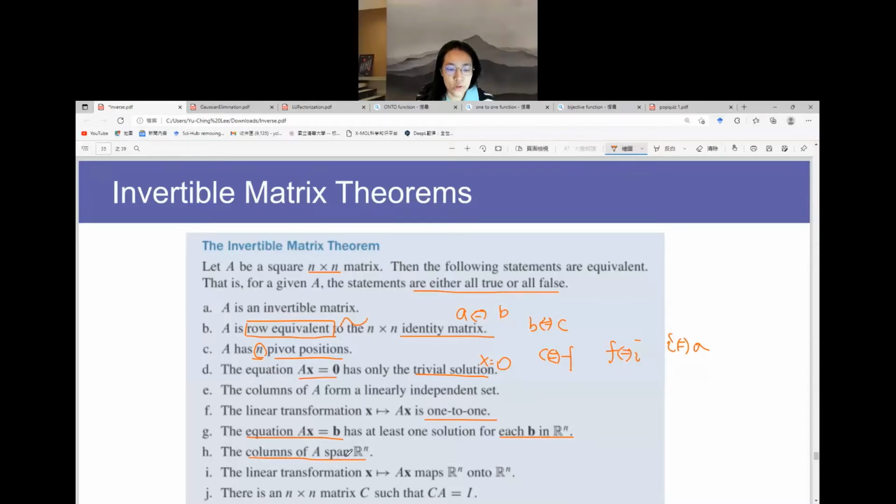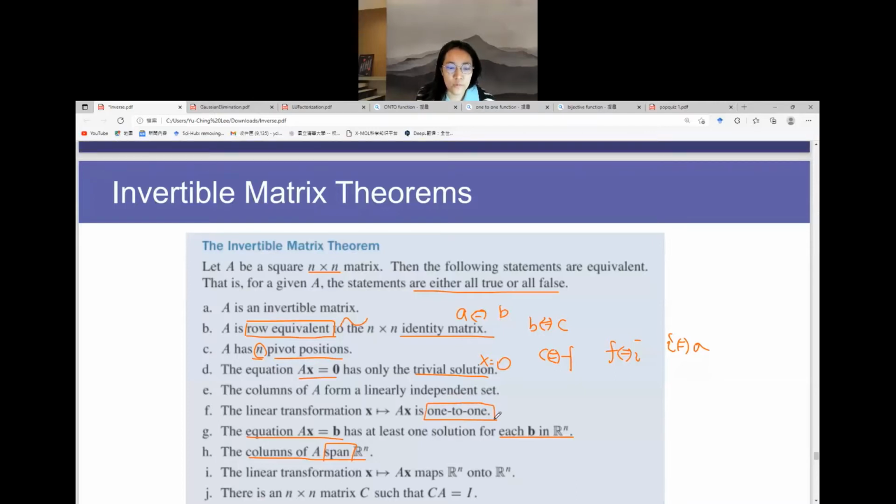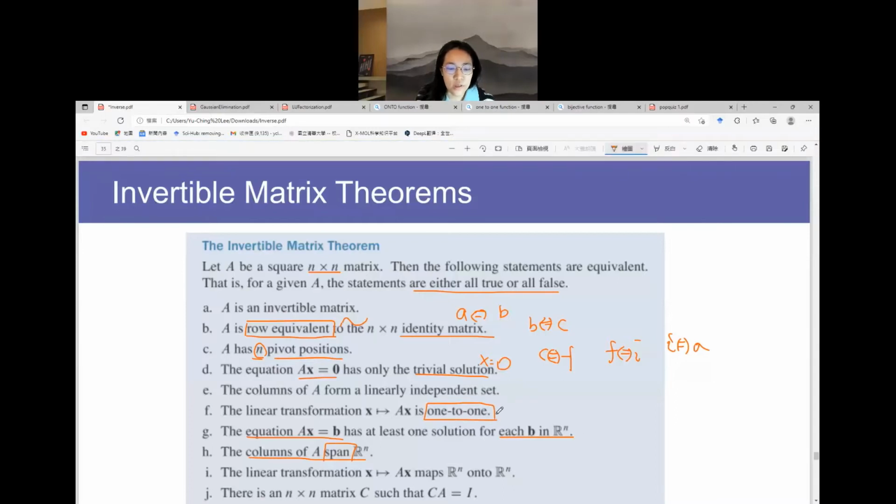We have not reached the definition of span, but it means that the entire Rn space is covered. It's a similar idea to the one-to-one transformation. Later we will formally define what span is.